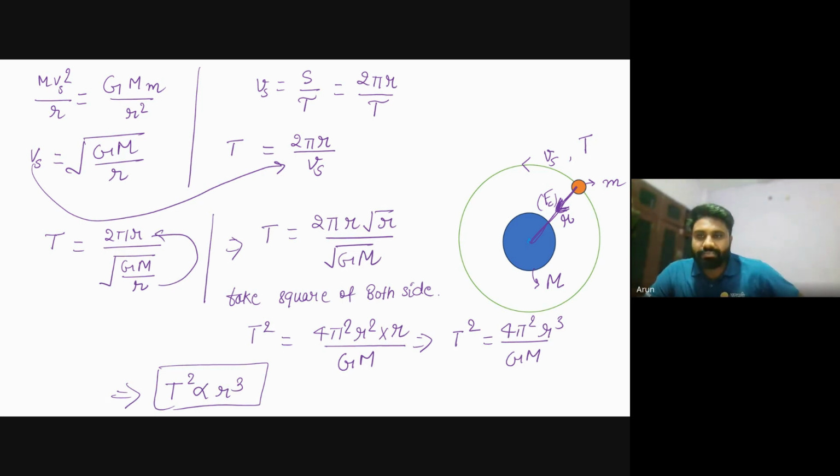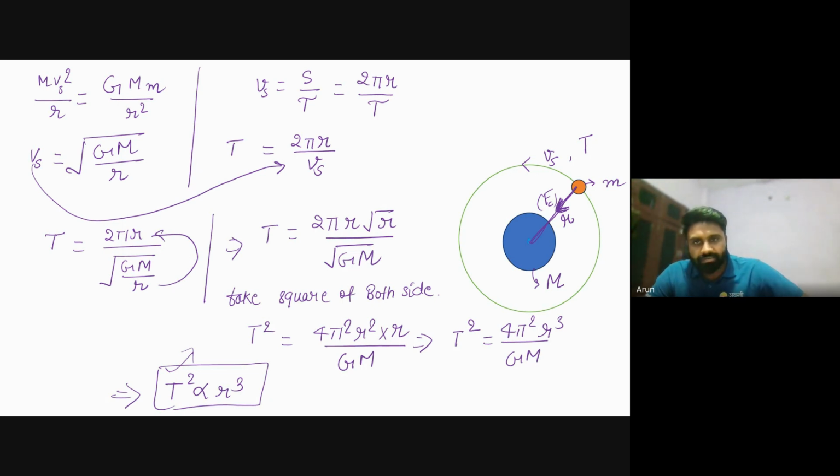And it satisfies that the square of the period of revolution is directly proportional to the cube of the semi-major axis from the center of the sun.